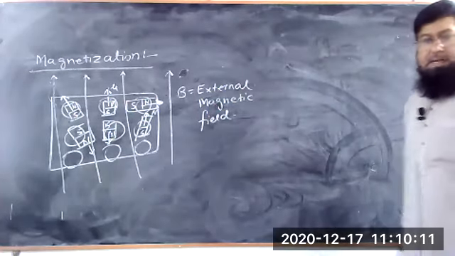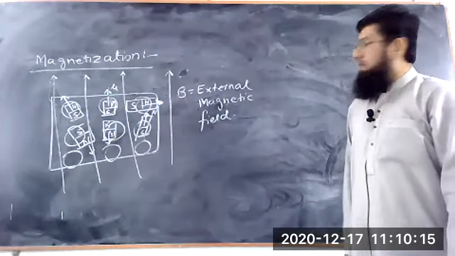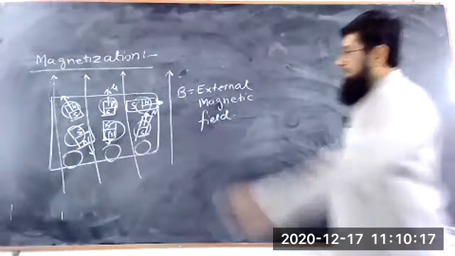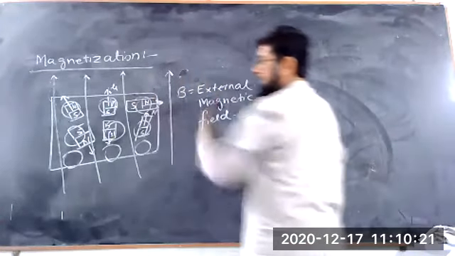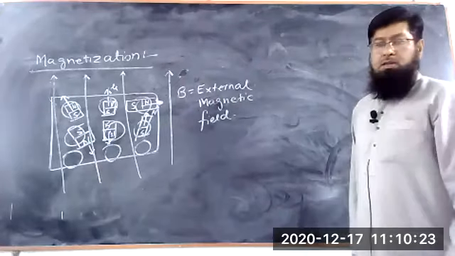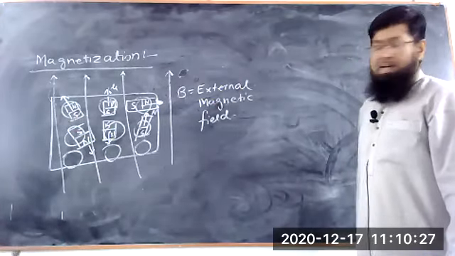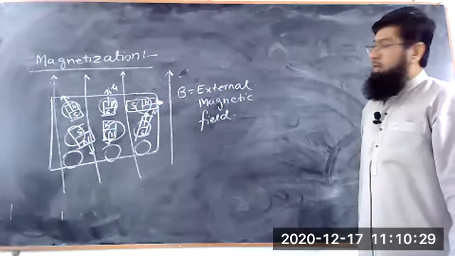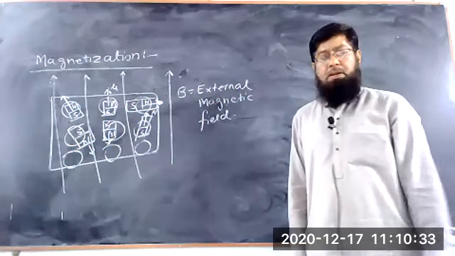When this material is placed in an external magnetic field, this external magnetic field will exert force on the magnetic moment. As a resultant, this will try to align the magnetic dipole moment in the direction of the magnetic field or opposite to the direction of the magnetic field.